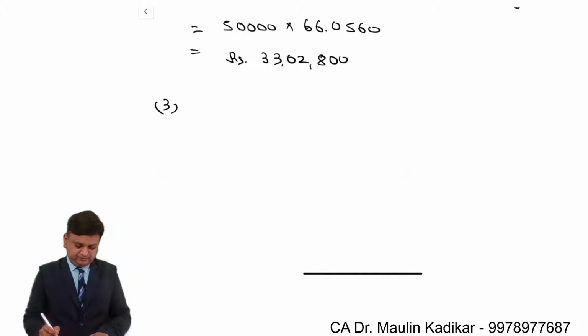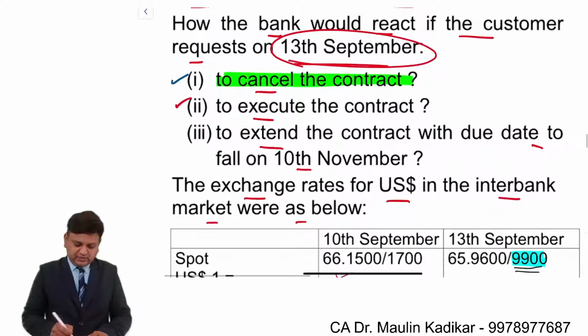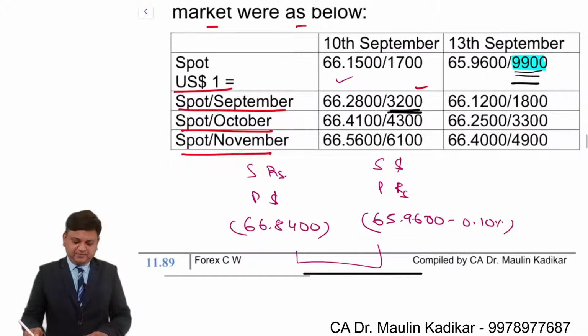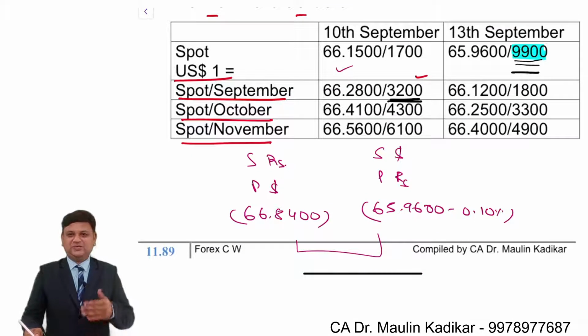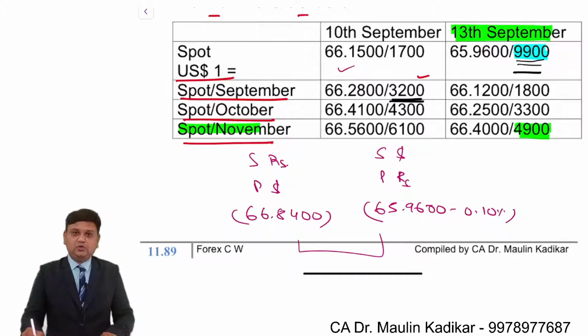Third, the question says that he wants to extend till 10th of November. So as we understand, first of all, the loss is to be recovered, the amount 55,826.14, and then the forward exchange rate prevailing on this date for November will be applicable to buy dollar.